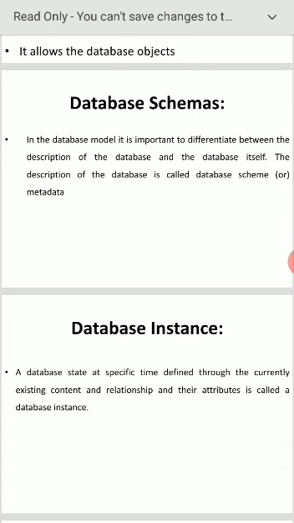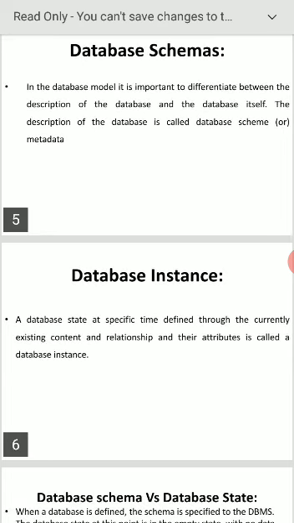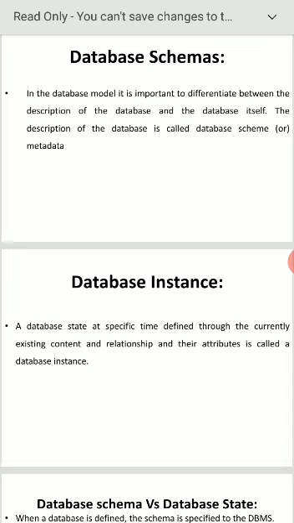Schema is the overall structure or description of the database. The overall structure of a database, which does not have any content in it, is called the schema. Simply you have to define it. That's it. You take, for example, serial number, name, course, SEM. This is information about the student. This is what you have as schema.